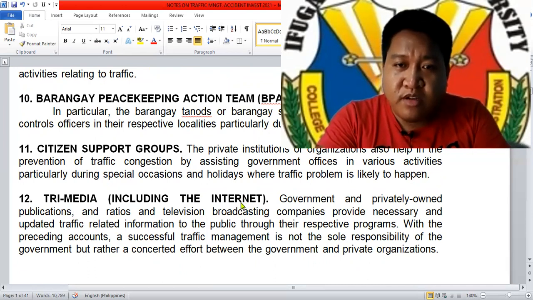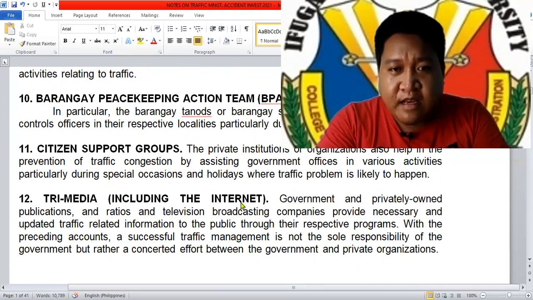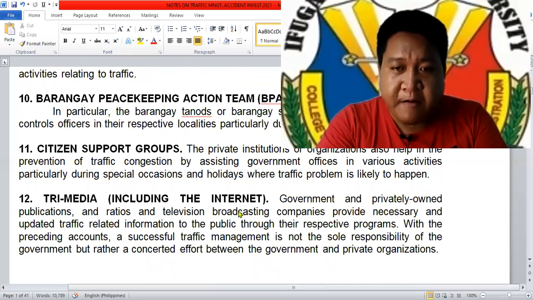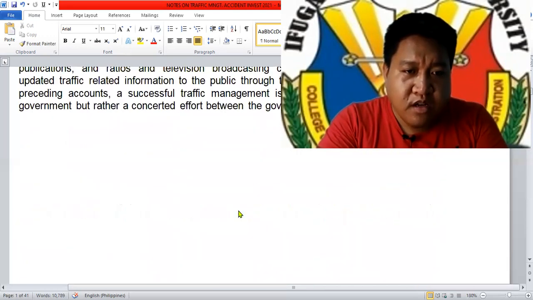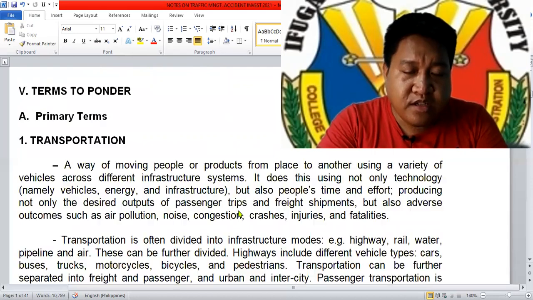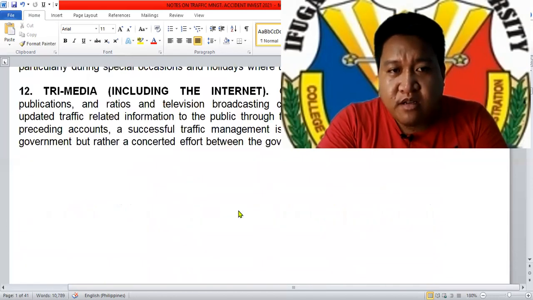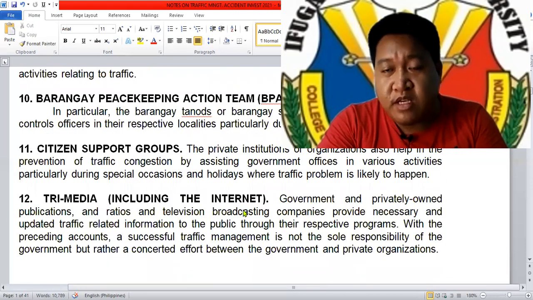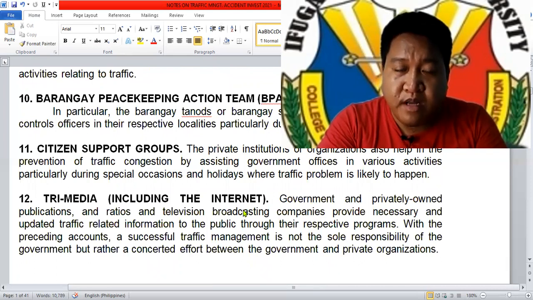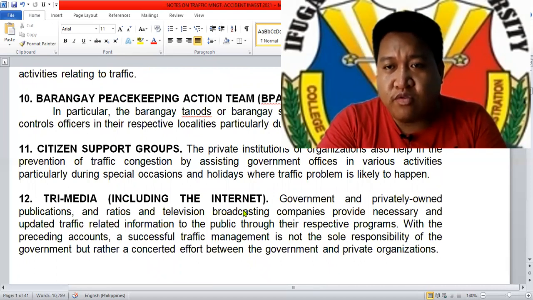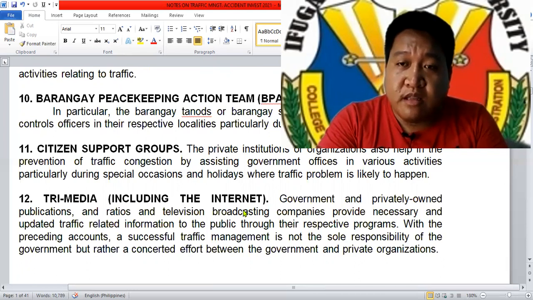And the new one for us to relay and inform the public on traffic rules and regulations, we have the social media. Okay, so those are the agencies, and others that are not mentioned, but these are the common and the primary agencies that have to do with traffic management.